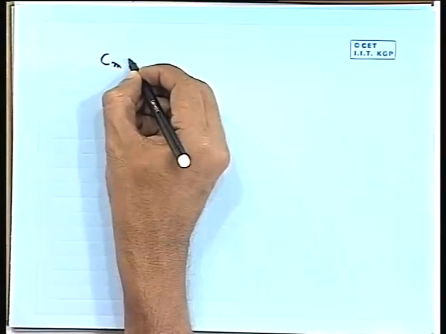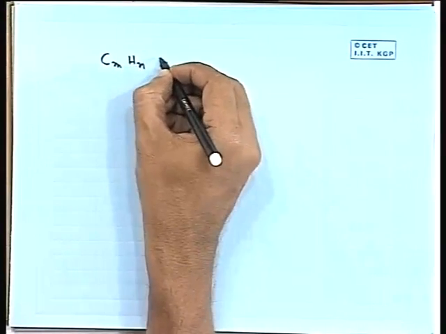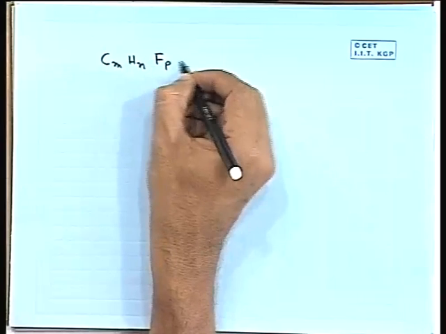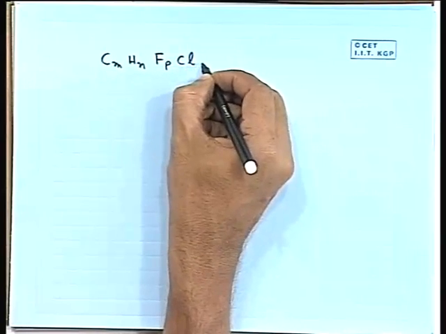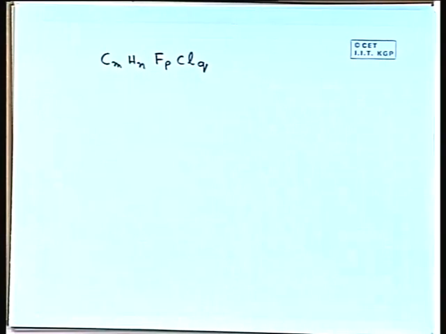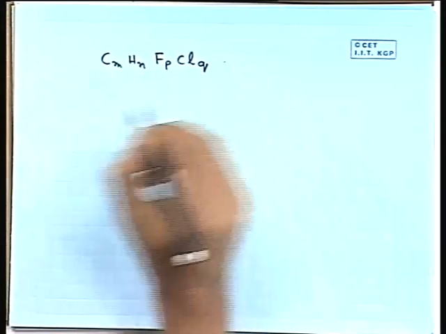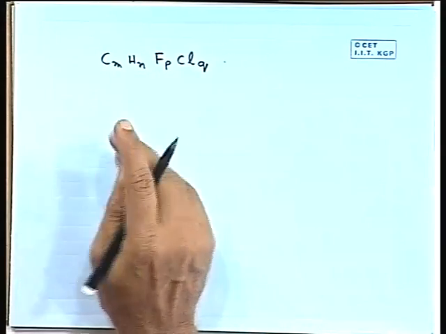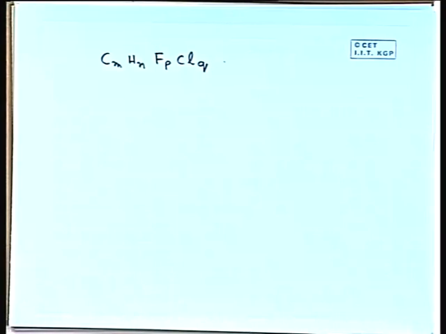Now, only one thing I would like to mention: as the chlorofluorocarbons are quite common, they can be expressed with a common formula CmHnFpCl(q). This could be the general formula of a refrigerant which is most commonly used.